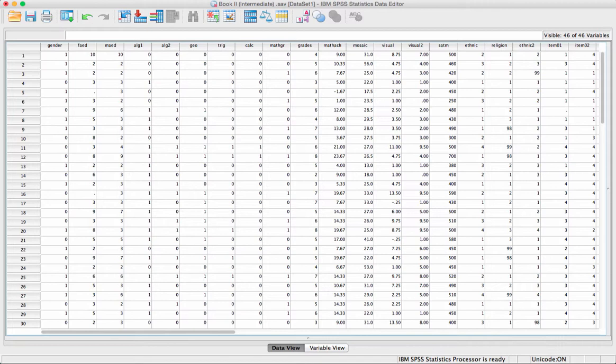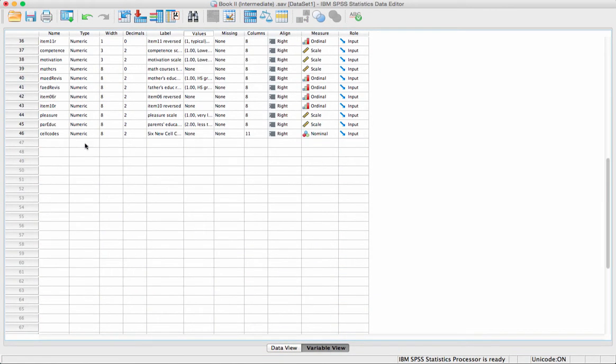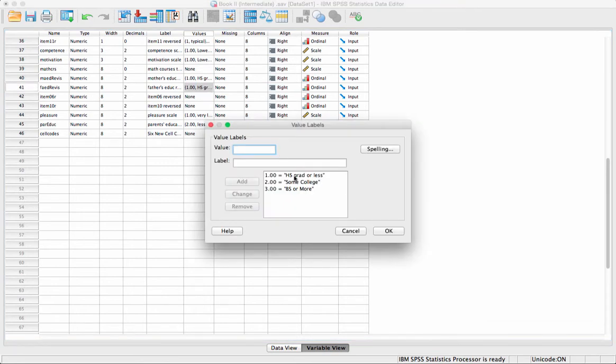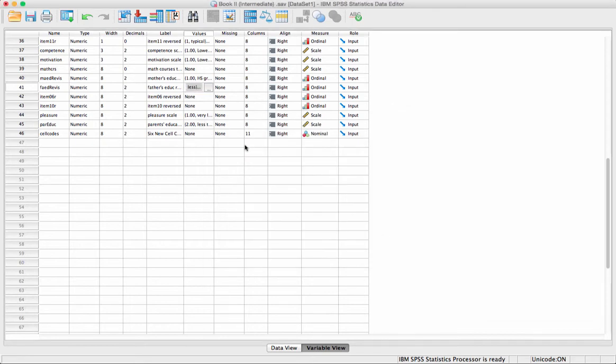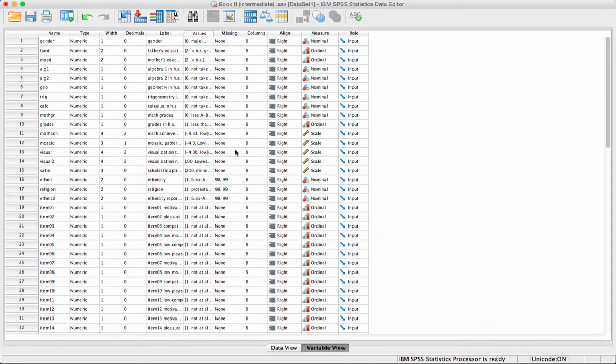In this case, our independent variables will be father's education revised, which we've been working with: high school grad or less, students with fathers who had some college, and students with fathers who had a BS or more. And then our other independent variable will be math grades.